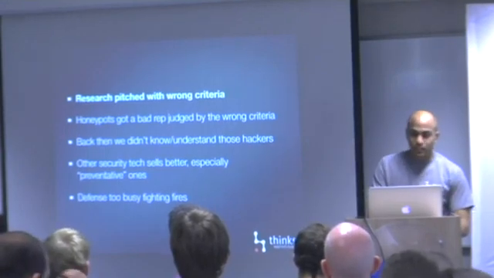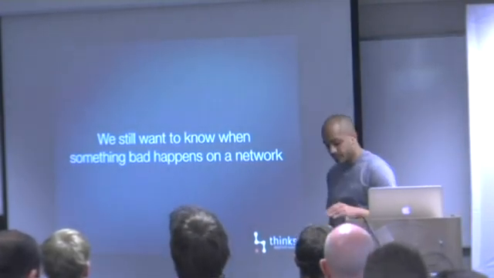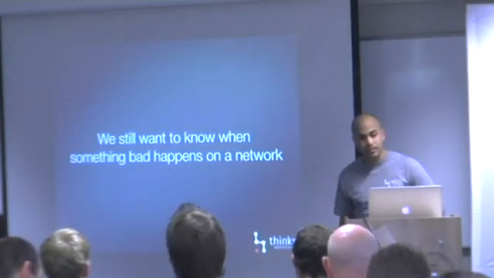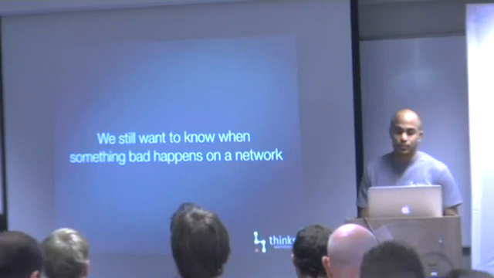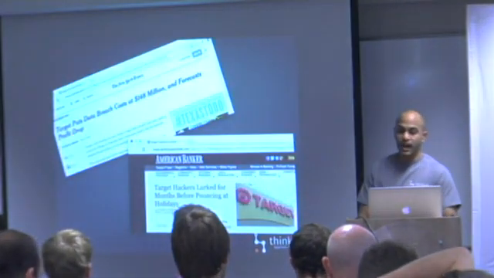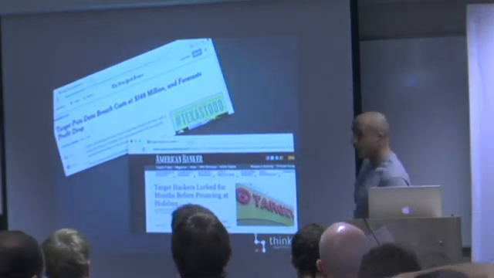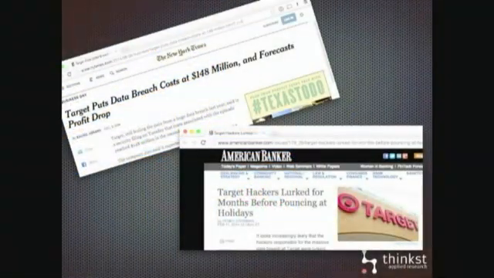So even if the honeypots fall by the wayside, there's still a problem that remains unaddressed, right? Even if we don't have honeypots on a network, we still really want to know when something bad happens on a network. And it's clearly a problem that we're really bad at today. So nowadays, in order to keep up with security news, I realize that I no longer have to follow specialist news sites.